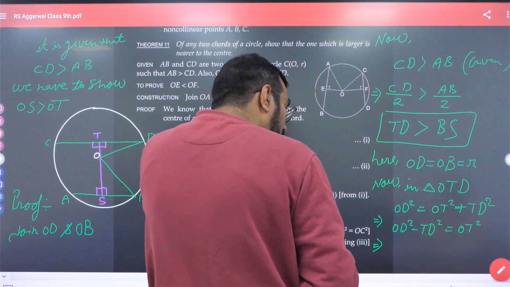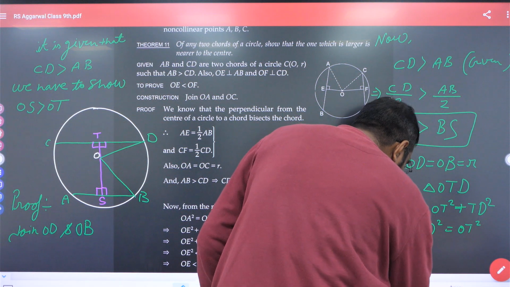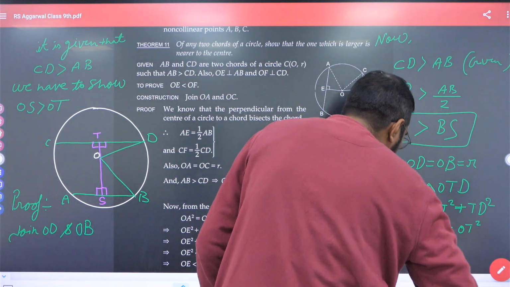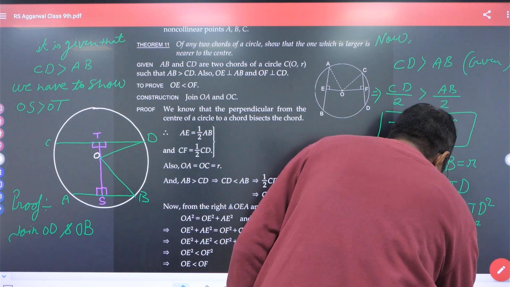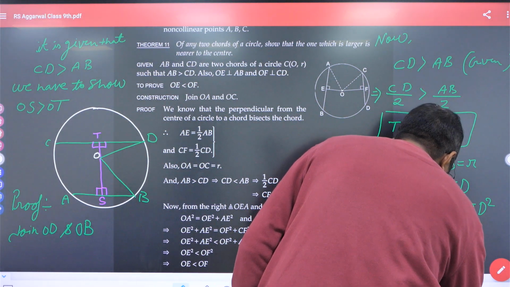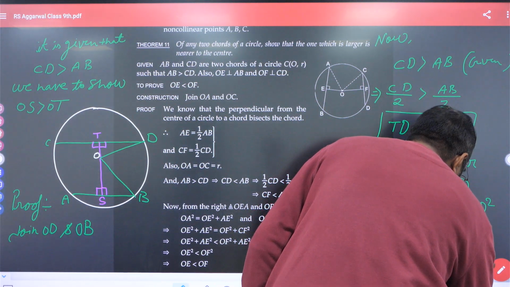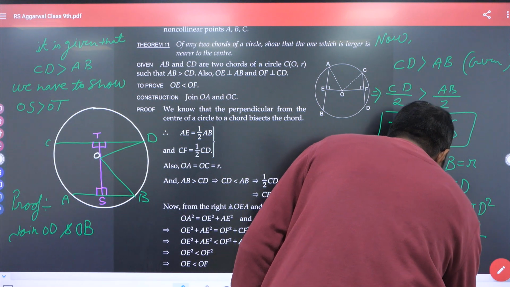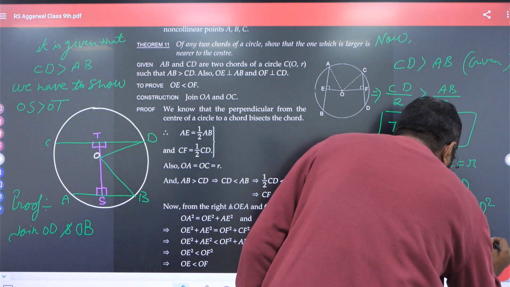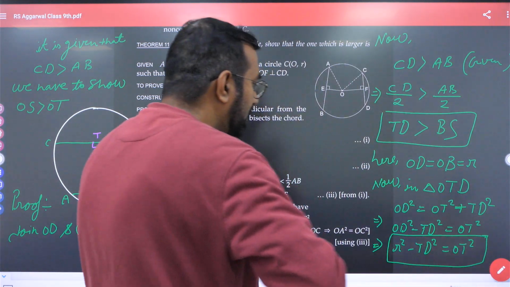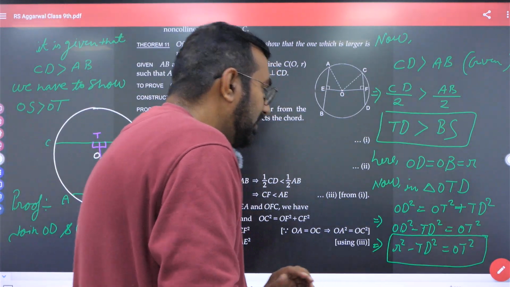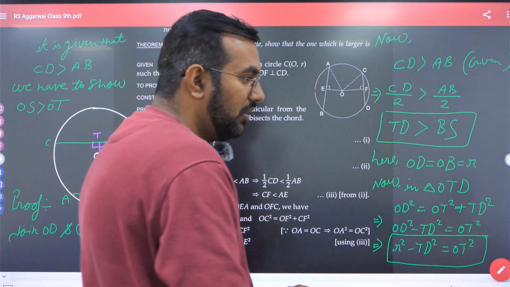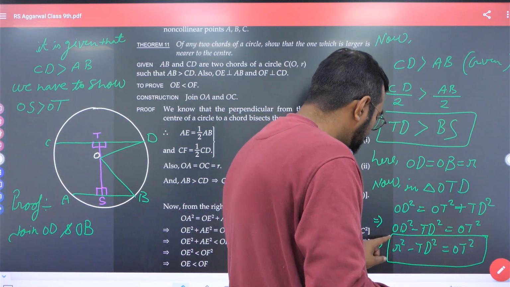Now you can also write it कि R का स्क्वायर, what? R का स्क्वायर माइनस TD का स्क्वायर इज इक्वल्स टू OT का स्क्वायर. ओके बेटा, तो हियर OT का स्क्वायर इज R का स्क्वायर माइनस TD का स्क्वायर, और यू कैन पुट इट इन द रूट.